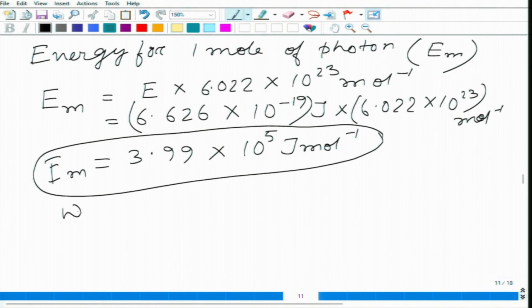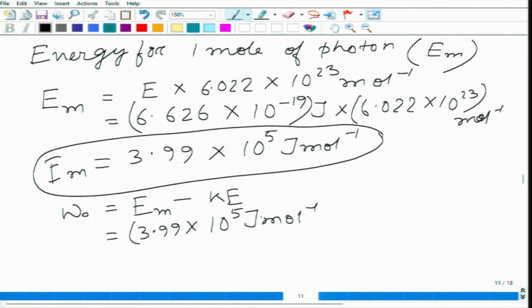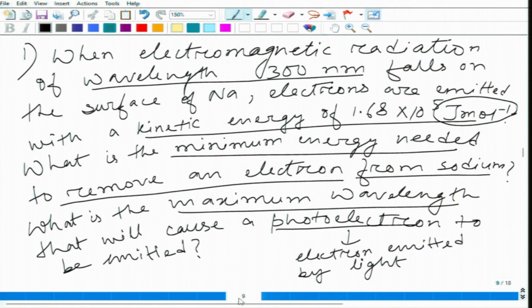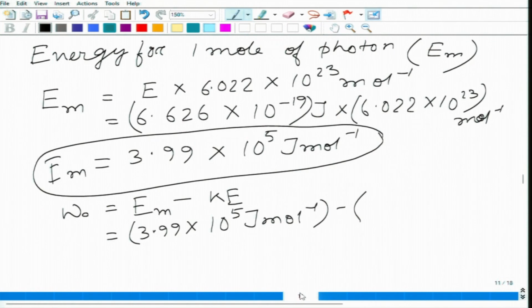Now, work function is equal to total energy minus kinetic energy. So, we get 3.99 into 10 to the power 5 joule per mole minus, what is the kinetic energy? 1.68 into 10 to the power 5 joule per mole.